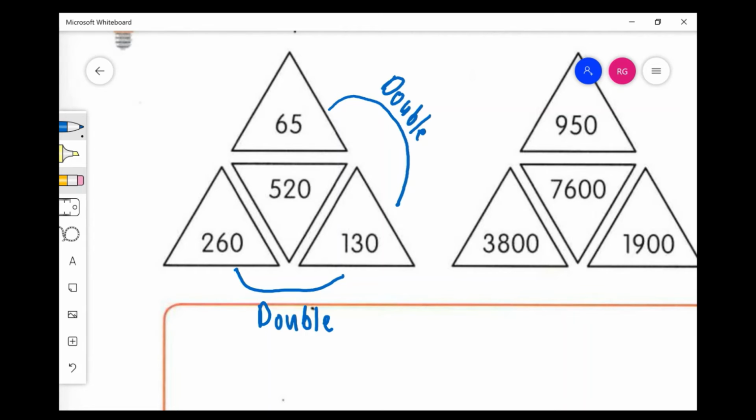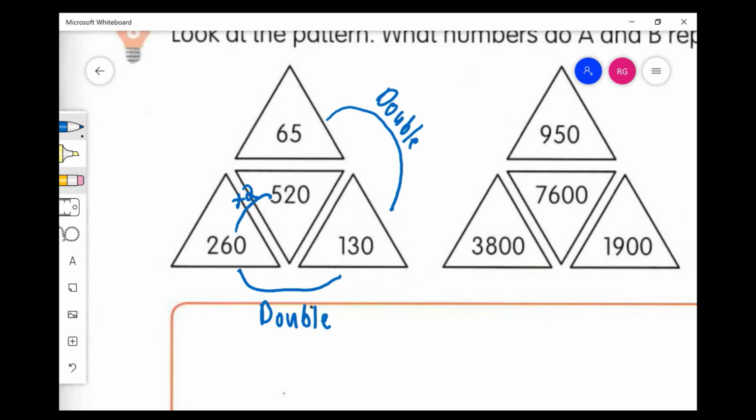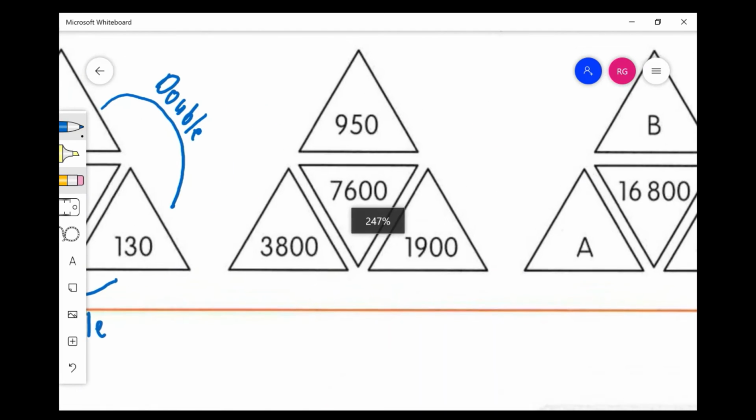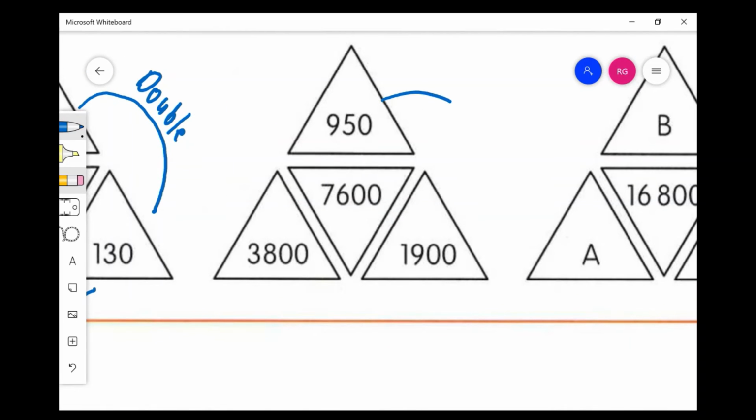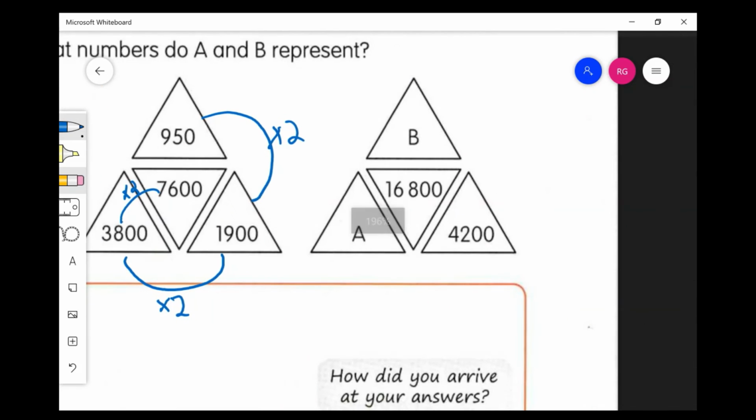And to get from 260, I'm also taking that times 2. So that's really our pattern there. And so that pattern holds here as well. You can see 950 times 2 is 1,900. 1,900 doubled is 3,800. And then 3,800 doubled is 7,600.